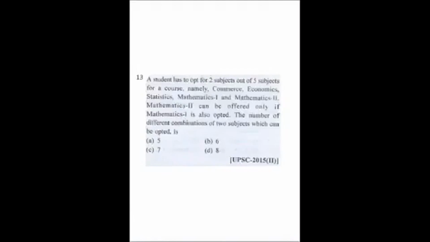The number of different combinations of 2 subjects which can be opted is, so here a student has to opt 2 subjects. 5 are the total subjects, and if mathematics 1 has been opted, then 2 will be opted. So out of 4 means 1 is with condition, so remaining are 4. So out of 4, 2 we have to select, 4C2.